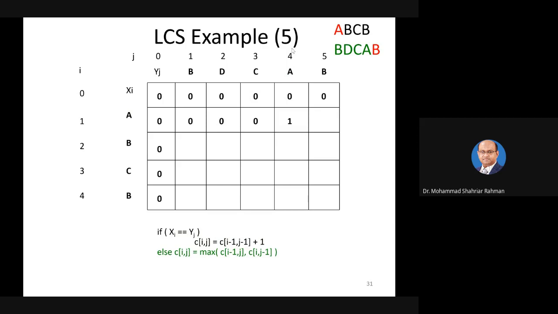For B, no match. So তখন আমাদের কি হচ্ছে, এখানে স্যার 1ই থাকবে। So we compare this one. Okay. Max. Max is 1, so 1.